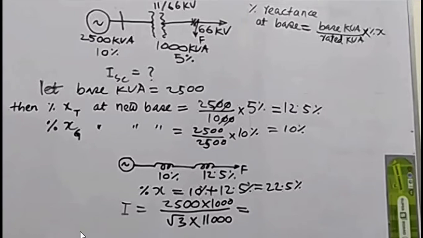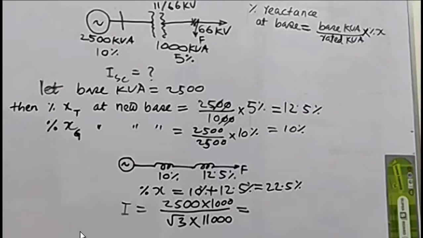It will not be 11 kV, because the short circuit fault has occurred on the 66 kV line, the secondary side of the transformer. So we cannot write 11; we have to write 66 kV.